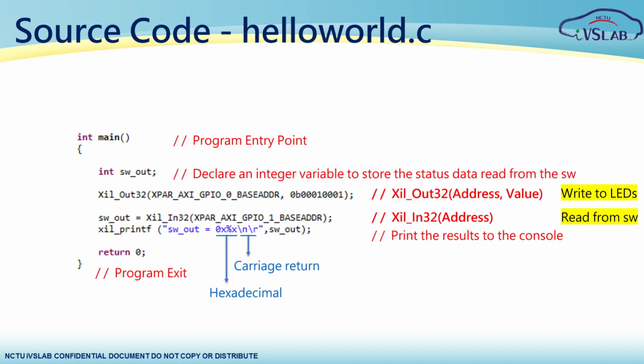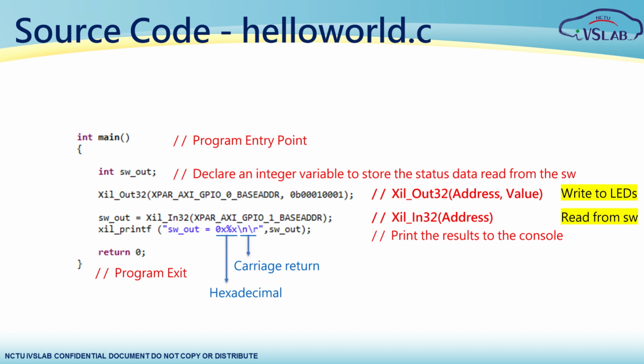Next, let's examine our Vitis sample code. int main serves as the starting point of our program. First, we declare an integer variable named sw_out to temporarily store the switch values read back from the hardware side. Next up is Xil_Out32, the critical operation for controlling our hardware.